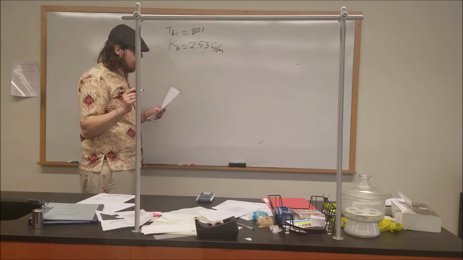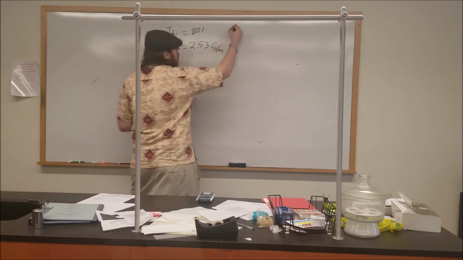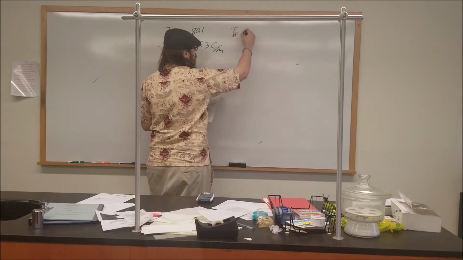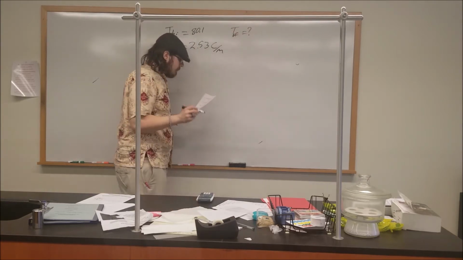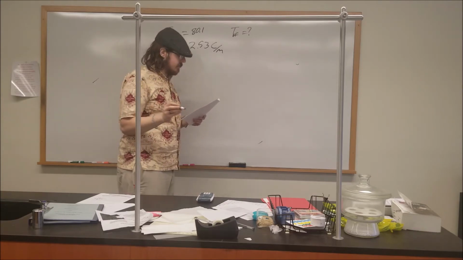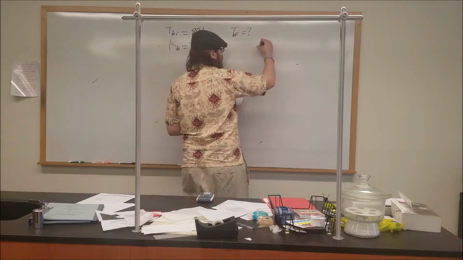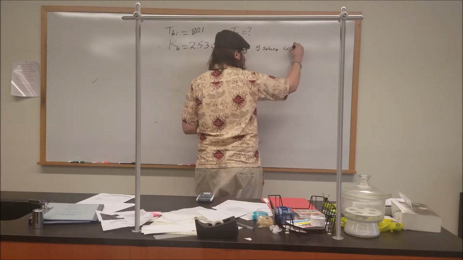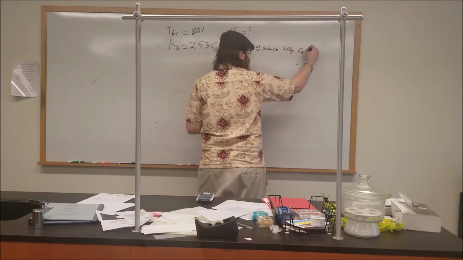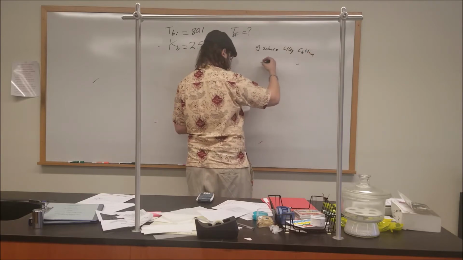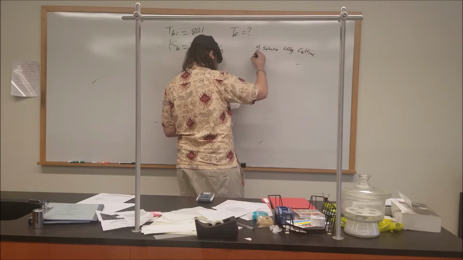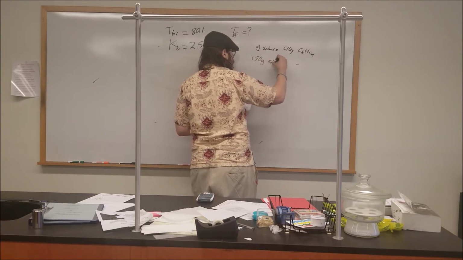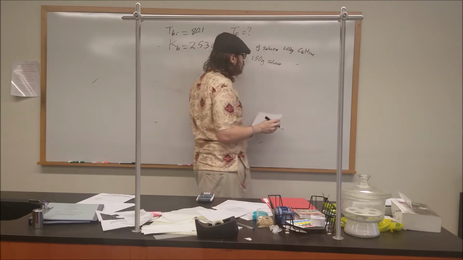What would be the new boiling point upon the addition of 40 grams of hexane, C6H14, dissolved into 150 grams of solvent, or benzene?